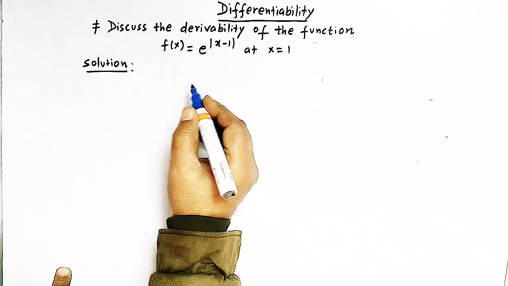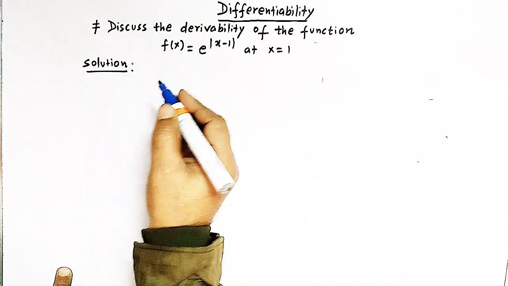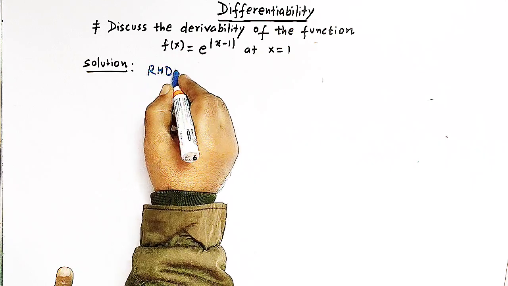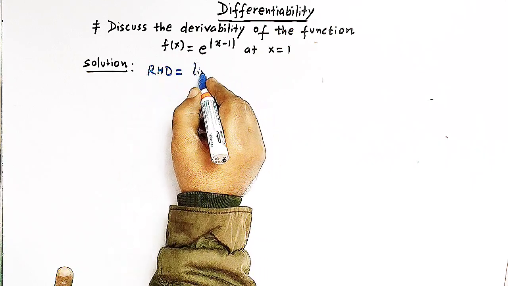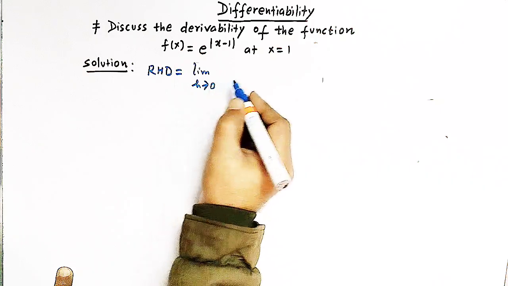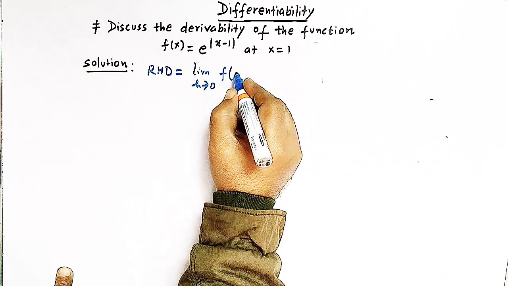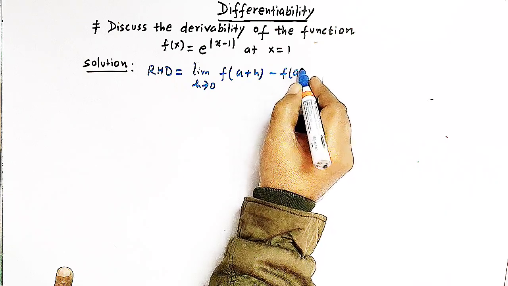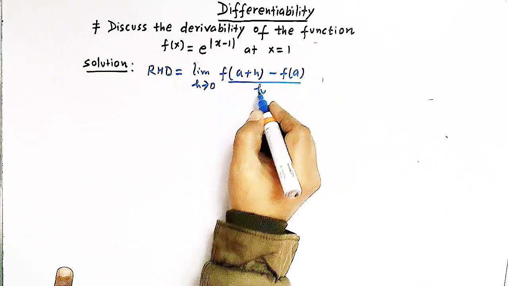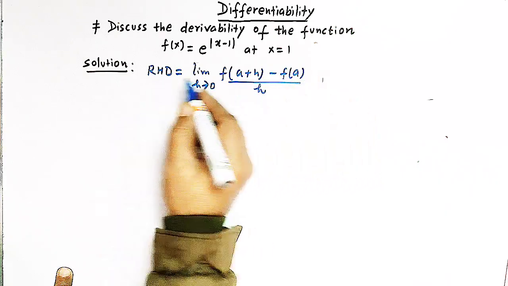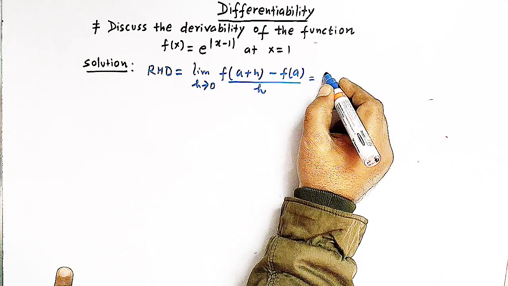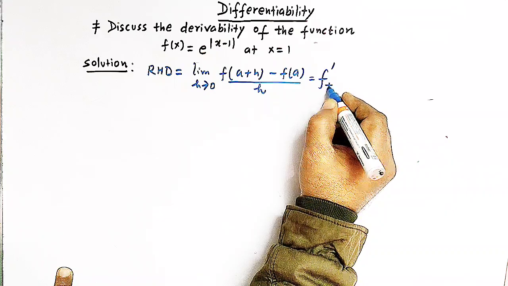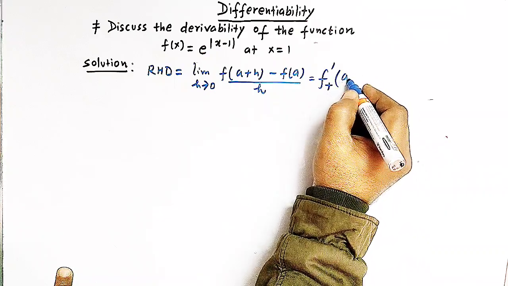So now let us define the right hand derivative by this limit. That is, the right hand derivative is given by limit h tends to 0, and we have f of say a plus h minus f of a divided by h. And the notation for the right hand derivative may also be written as f prime, and here we write a positive sign, and here we have a.